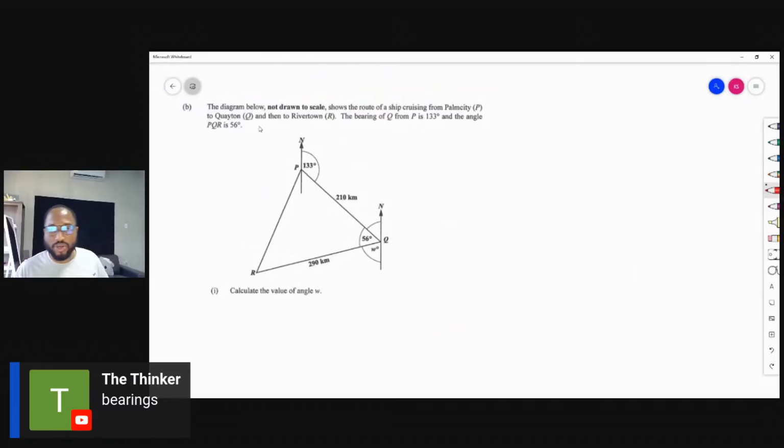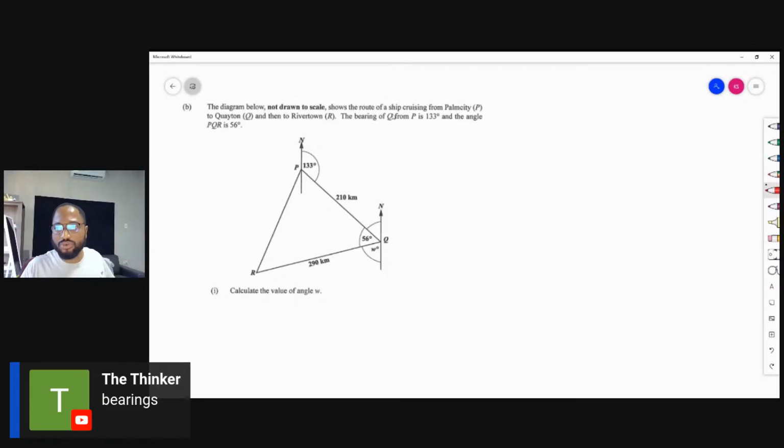All right, so the diagram below, not drawn to scale, shows the route of a ship. I must have done this question 100 million times, but I'll just use this question to show you the basics of bearings. Cruising from Palm City to Quayton, to Q, and then to Riverton.